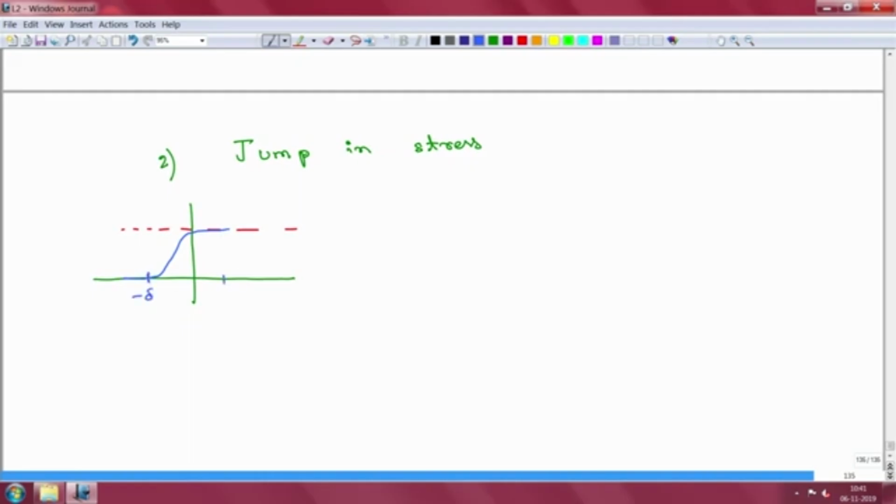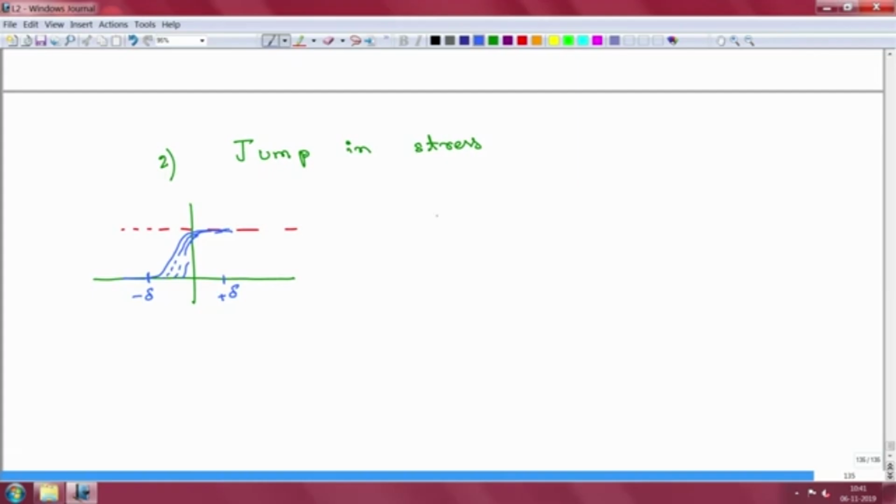This is minus delta, this is plus delta, and the biggest deviation occurs between plus and minus delta. You have a series of such functions, and we take the limit of delta tending to 0.